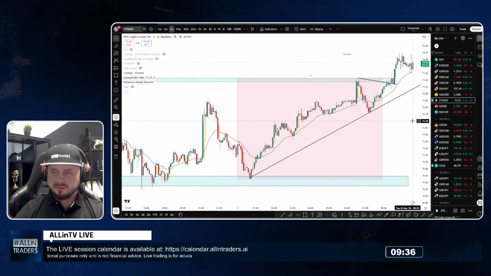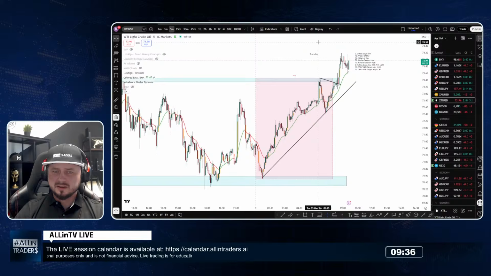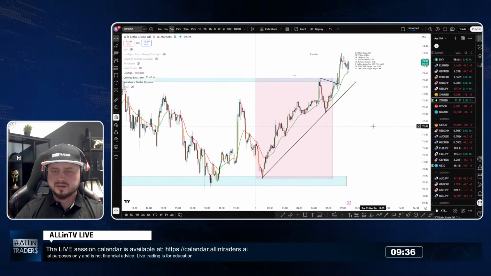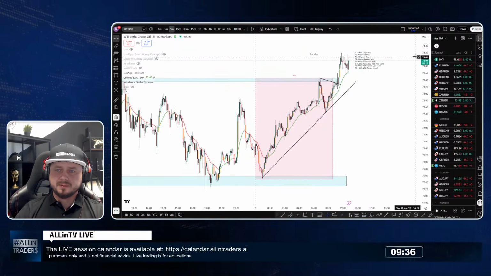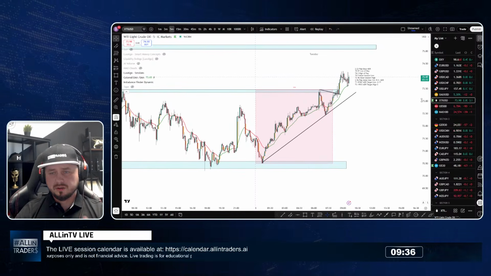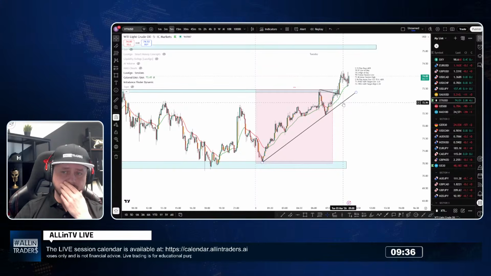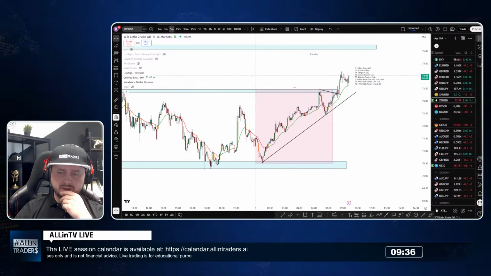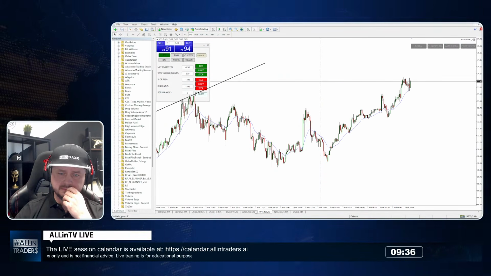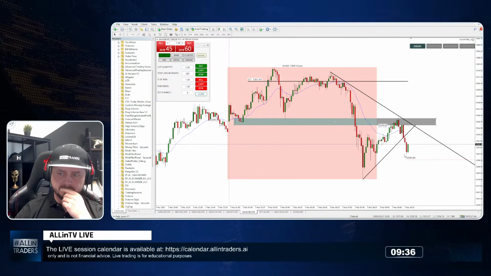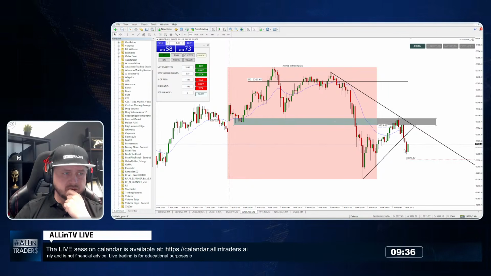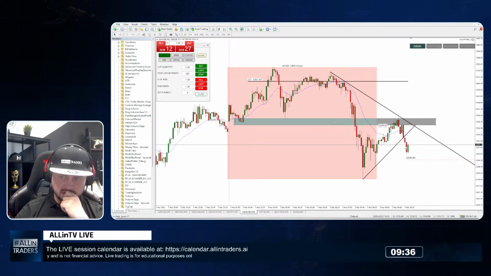Yeah, so be careful, guys. This one also, the price is moving up, so we are trying to open the trade against the trend, and over here we don't have any targets. Okay, we don't have any targets.